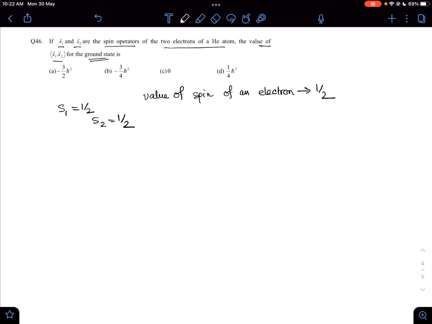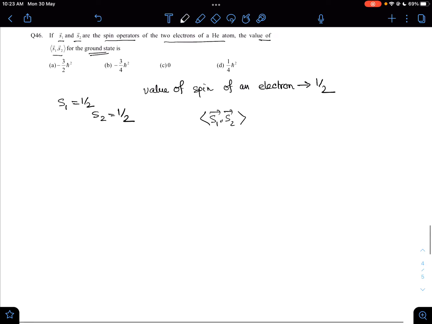So we have two electrons in a helium atom with these spin values. We have to find the expectation value of S1 dot S2, and this is for the ground state. So basically this problem belongs to the addition of angular momentum.